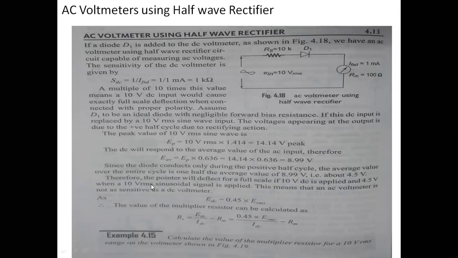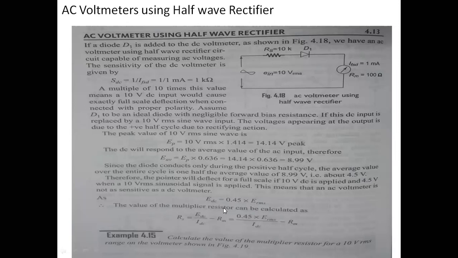For that 10 volts RMS voltage, the meter will deflect for 4.5 volts, and EDC, the DC voltage, is equal to 0.45 into ERMS.